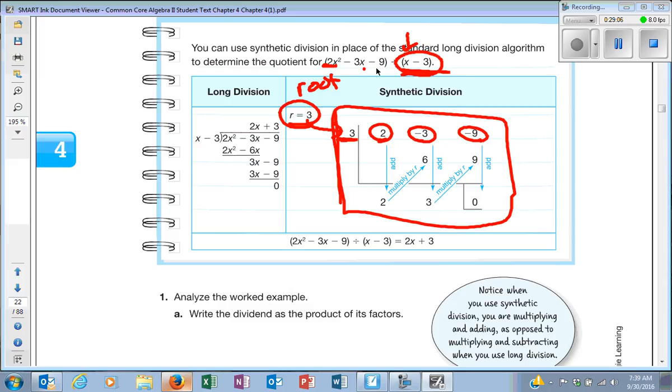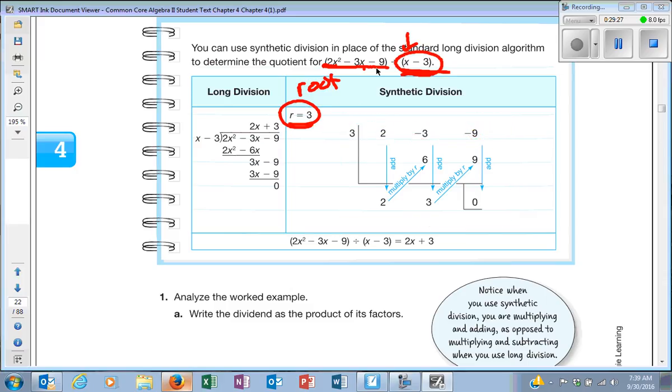All you do for synthetic division is you write the root out here. You then write what are called the coefficients of what you are dividing into. Just the coefficients. Does everybody at least see where the numbers are coming from? And all you do is you go first number, you always bring straight down.